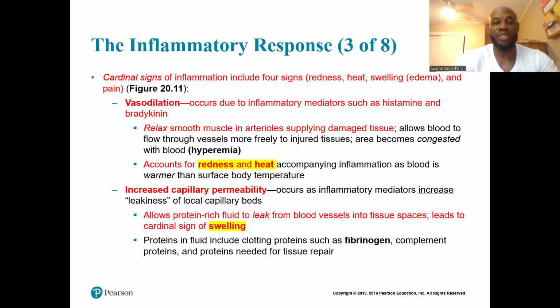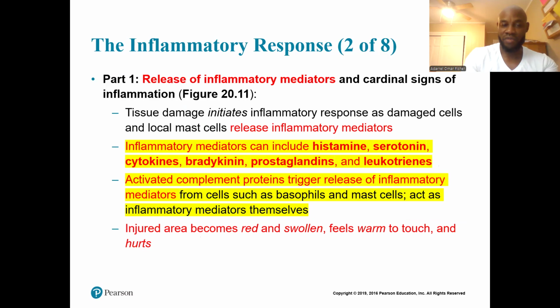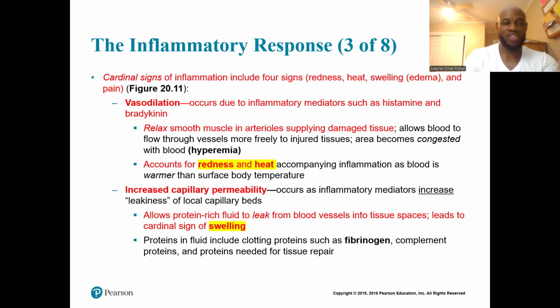So why does that happen? Inflammation, right? One of the things that happens is vasodilation. Cells get injured, they release inflammatory mediators, and vasodilation occurs. So histamine that's released, bradykinin, vasodilation, dilate, to get bigger.